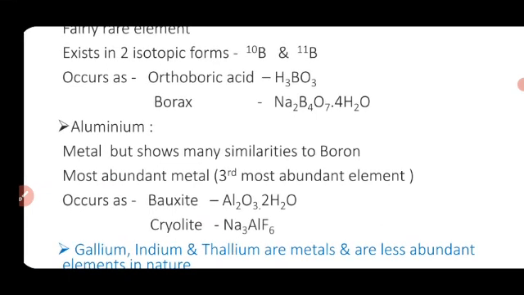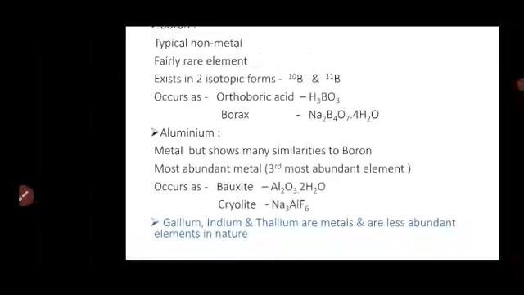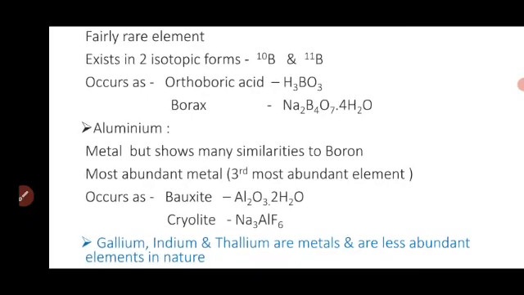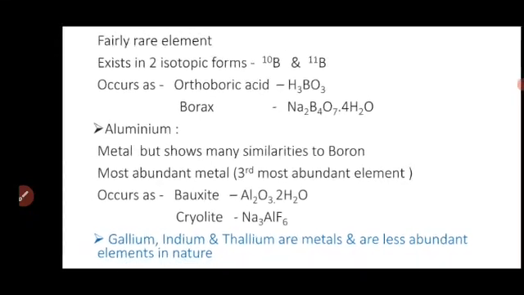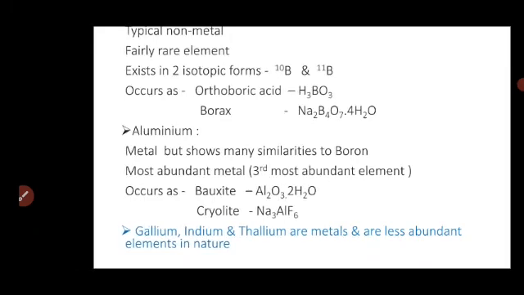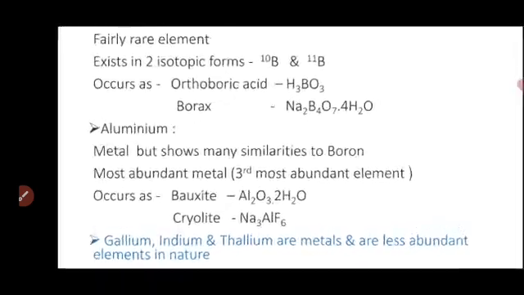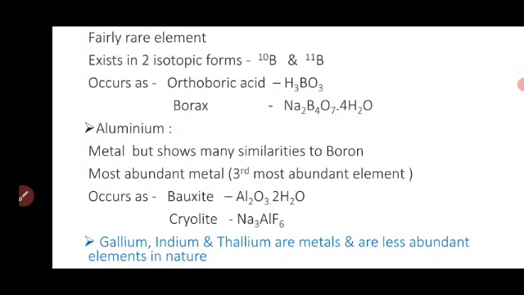Now how does it occur? It occurs as bauxite. It even occurs in the form of mica, which in Marathi we call abrak, used for decoration purposes. Bauxite, what is the formula? Al2O3.2H2O.